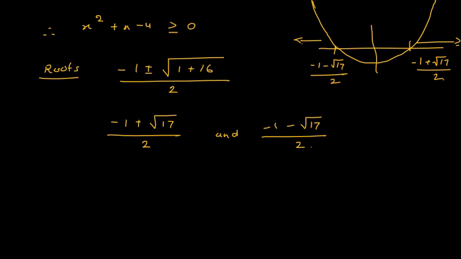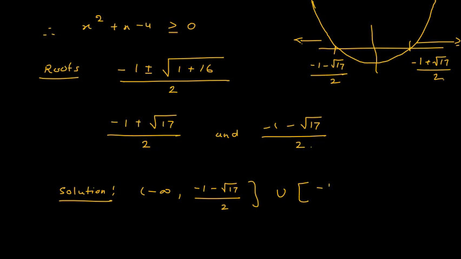So here the solution is from minus infinity to minus 1 minus root 17 divided by 2, or we have the solution from minus 1 plus root 17 divided by 2 to infinity.